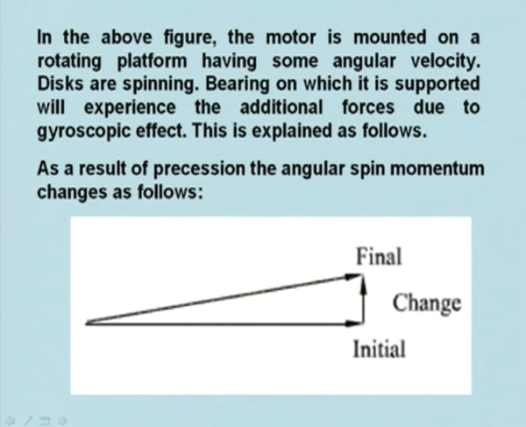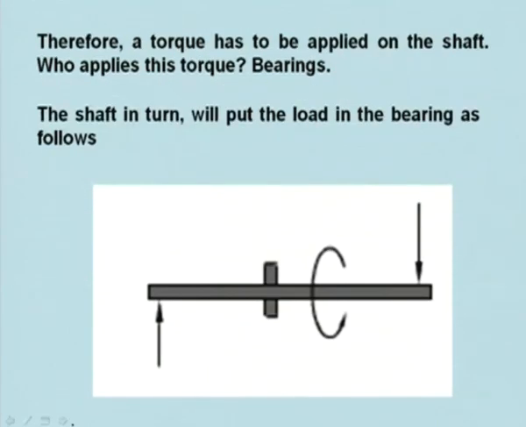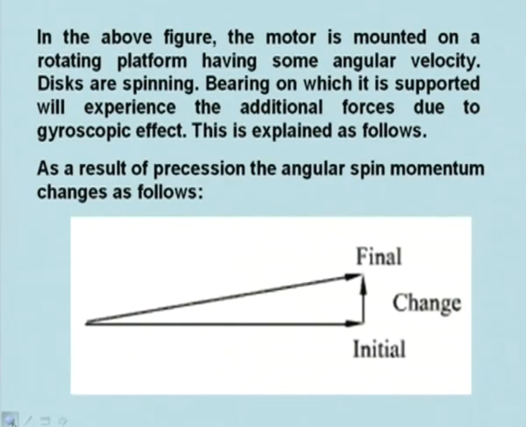Now, therefore, a torque has to be applied on the shaft because its angular momentum is changing. Initially, the angular momentum is like this. Finally, after some time it has become like this. So this much is the change.